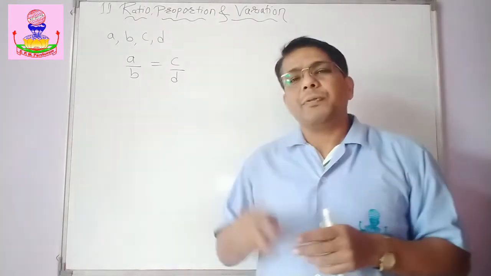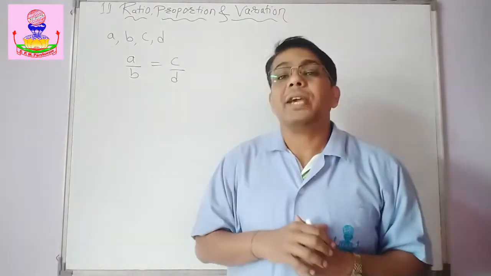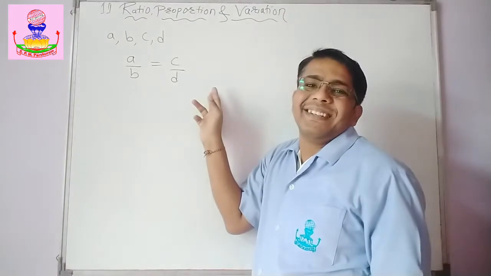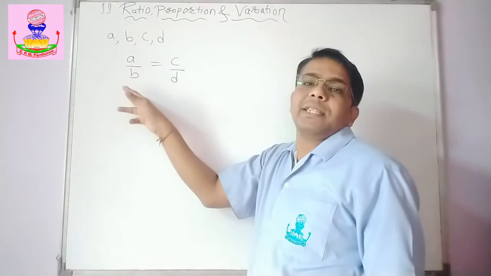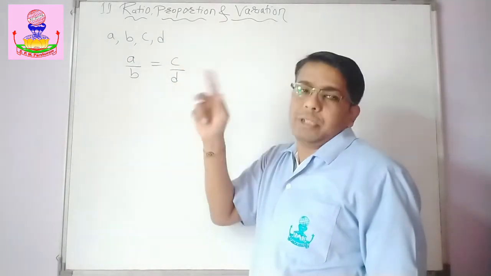In other words, if two ratios are equal, then they are said to be in proportion. Okay. And secondly, these 4 numbers have specific names. A is first proportional, B is second proportional, C is third proportional, and D is fourth proportional.